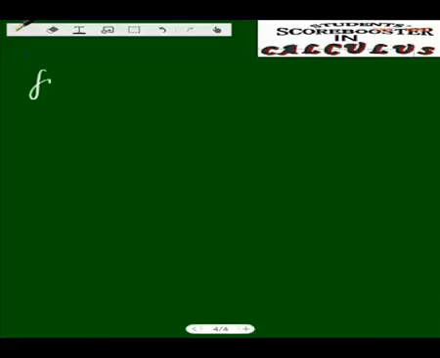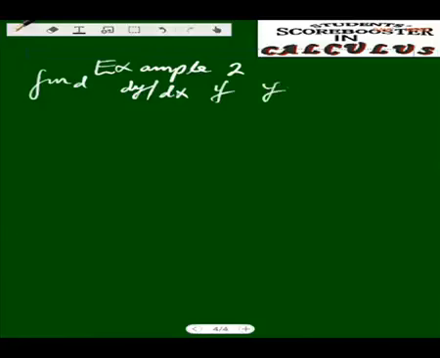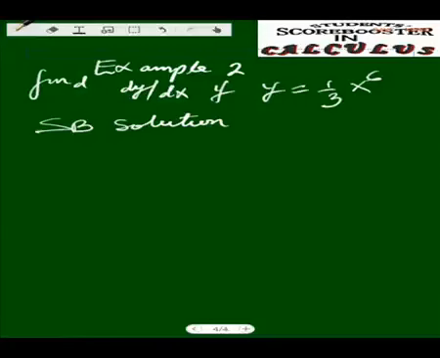Differentiate. Okay, let me write example 2. Find dy/dx if y is equal to 1 over 3 x raised to power 6. Okay, so ScoreBooster solution, we're going to follow what we have done in the previous example.